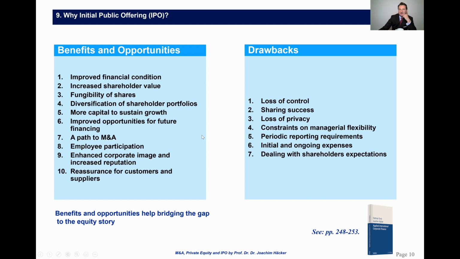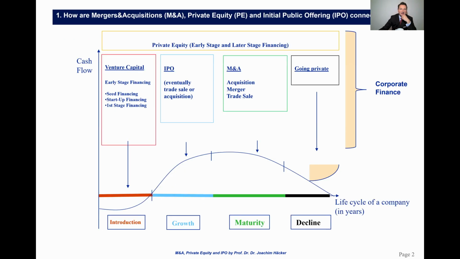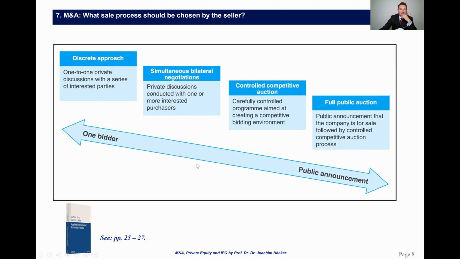We have more capital to stay in growth. So if we have a growth perspective, like we did here in our IPO case, we want to get more money in, more financing, more equity-based financing. If we have more equity, we can also get more debt.